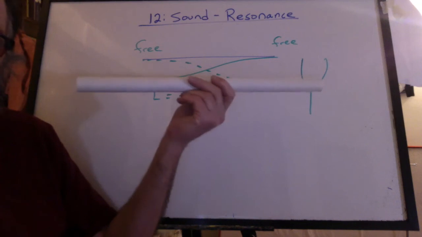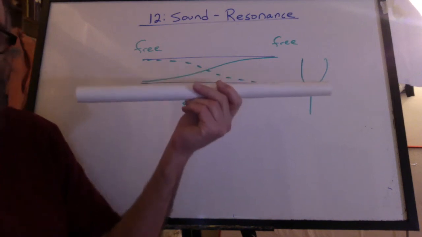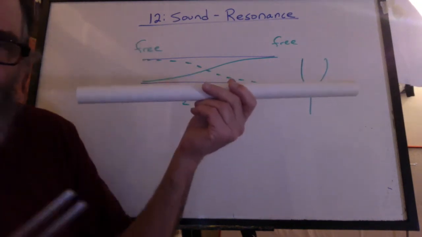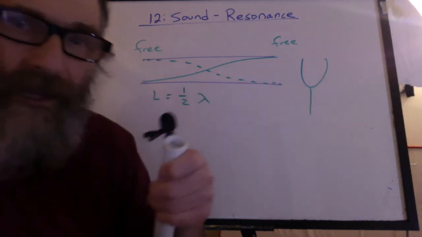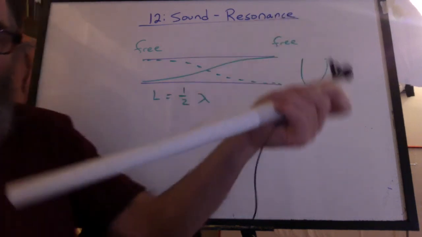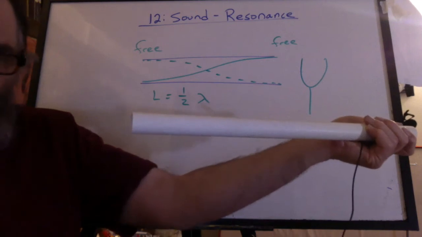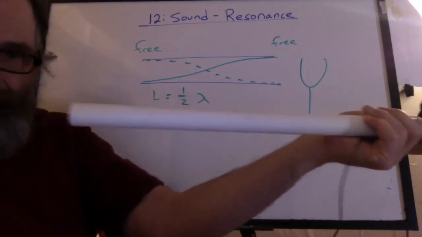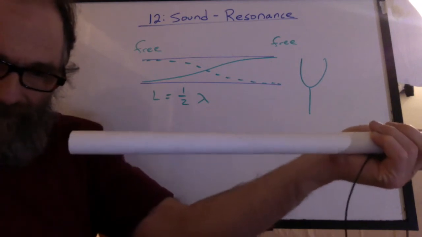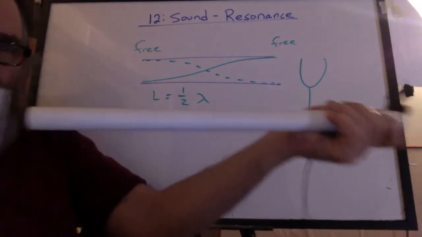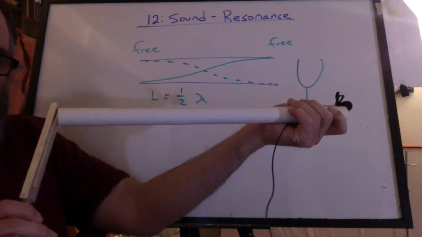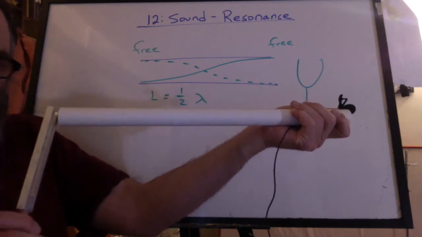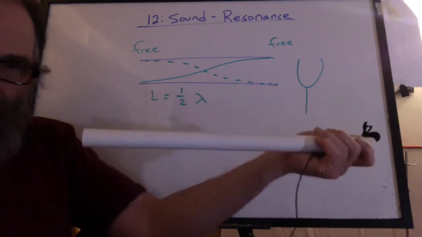I kind of sort of have this tube cut to about the right length for this tuning fork. Let's see if we can hear it get louder. I've got the microphone on this end, and I'll put the tuning fork on the other end. Try that again.